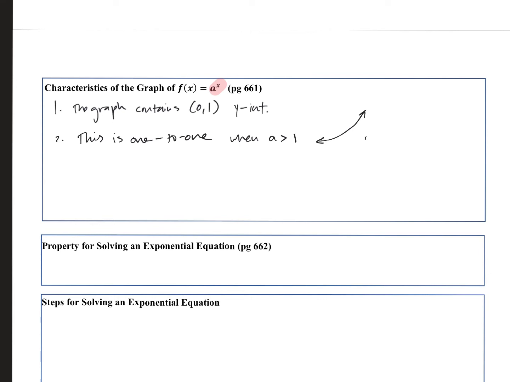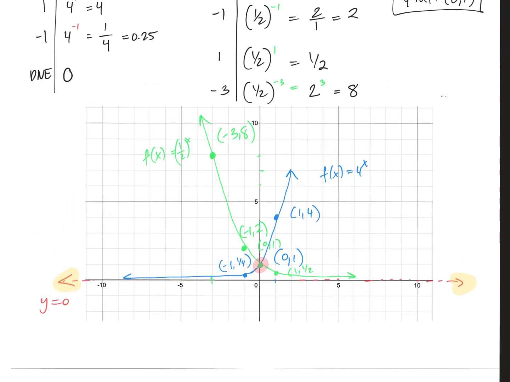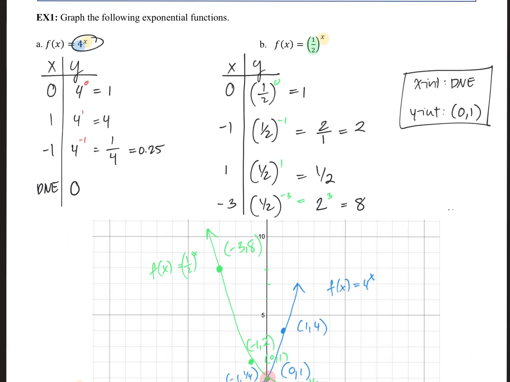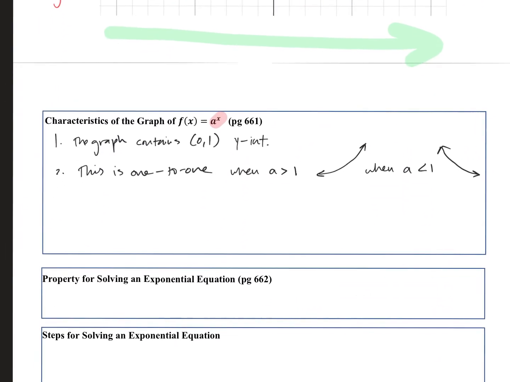And when a is less than 1, it falls in the other direction, that way, which we can once again see in the examples here. When a was greater than 1, when we had 4, our graph went up. And when a was less than 1, when we had a half, it went down. Once again, reading from left to right, like you'd read a book.